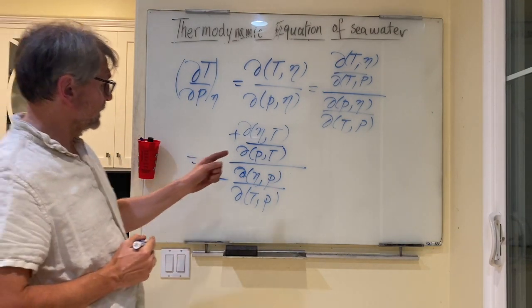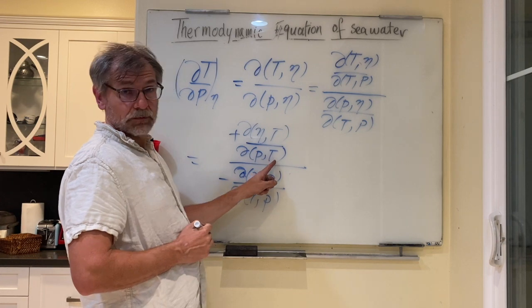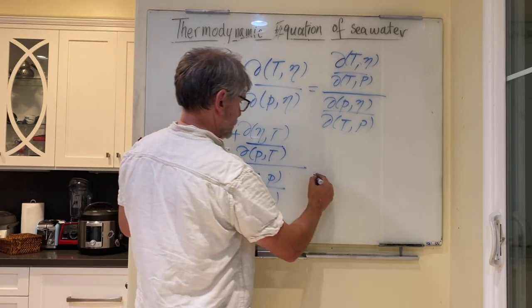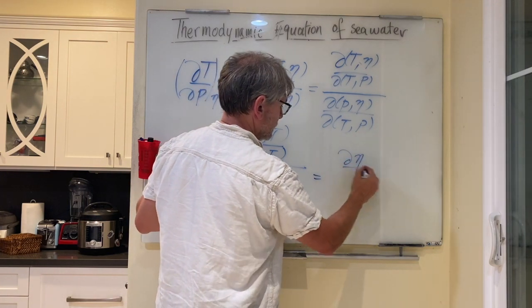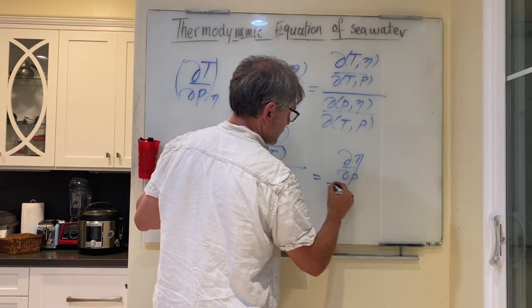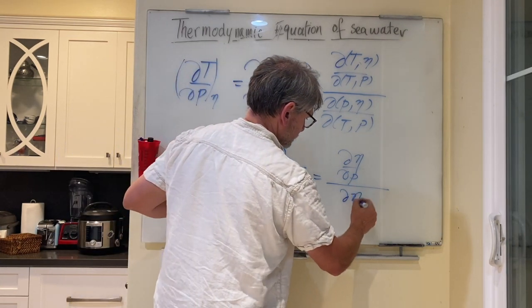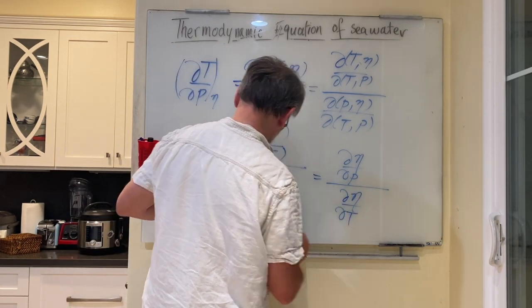Alright, so now I could get rid of the t partials on the numerator because they're repeated on the top and the bottom. So this becomes d eta dp on the top, and on the bottom becomes d eta dt with a minus sign.